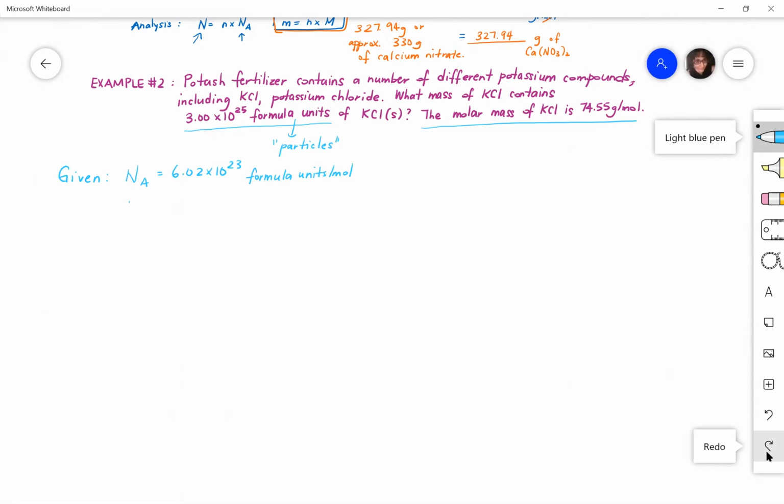We're also given the molar mass of KCl, which is 74.55 grams per mole. And we're told the number of particles of KCl, which is the capital N variable, of 3.00 times 10 to the 25 formula units.